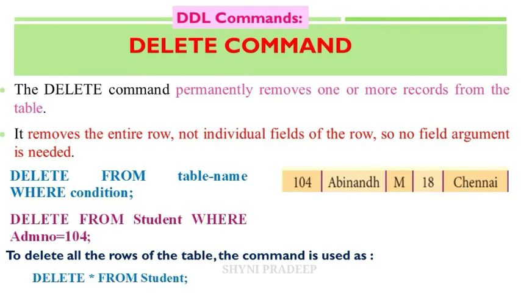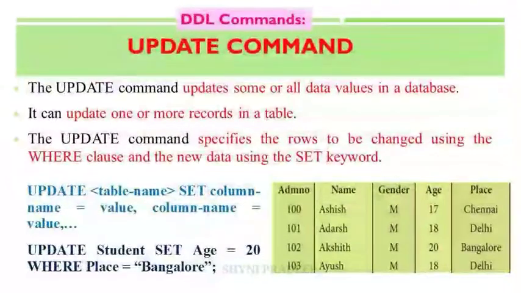Next command is the update command. The update command is used to update some or all data values in a database. If you want to update one or more records in a table, you have to use the update command. See, this is the syntax: update, next you have to write the table name, next write set column name is equal to value, comma, column name is equal to value.